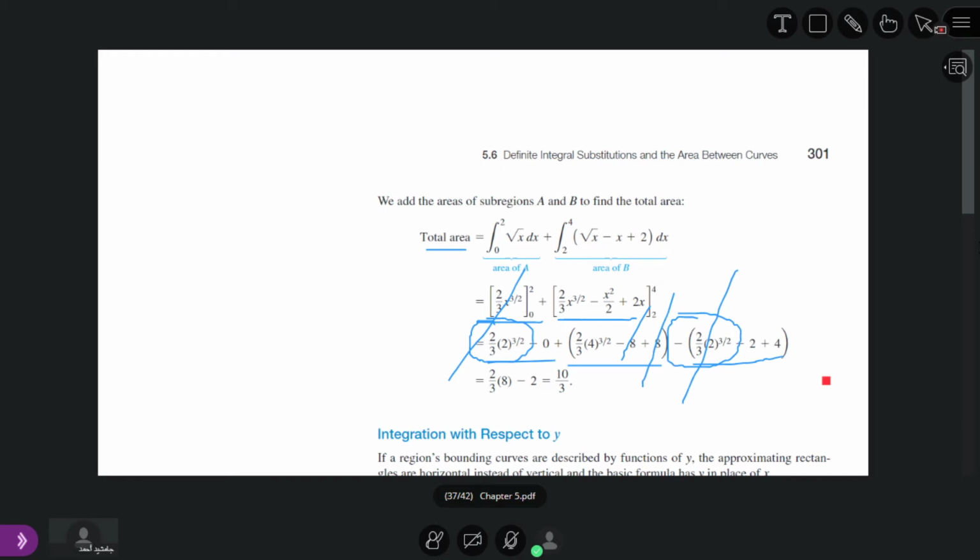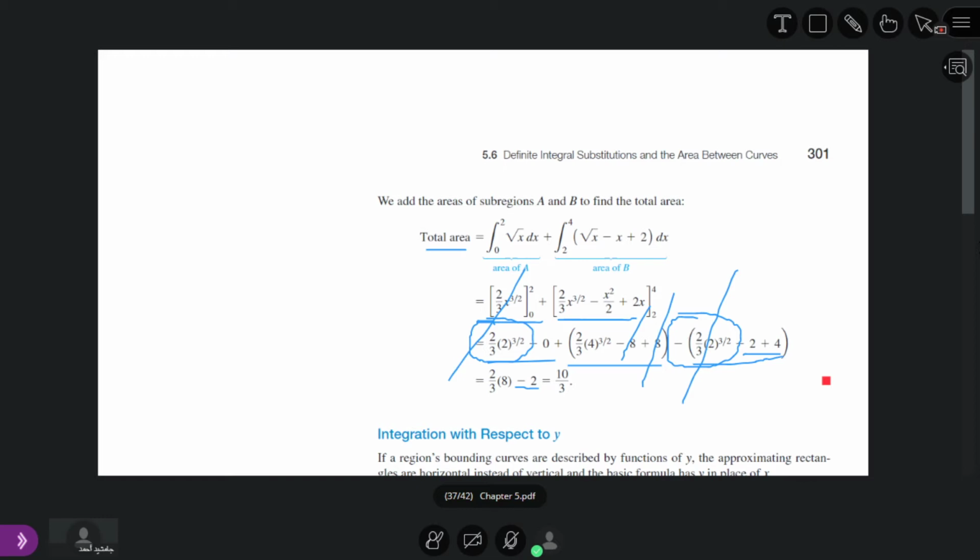What is the remaining? Here 2 by 3 of 4 power 3 by 2. What is 4 power 3 by 2? It is equal to 8. Now here we have minus 2 plus 4, which is equal to 2, minus sign included. So 2 by 3 of 8 minus 2 is equal to 10 by 3.